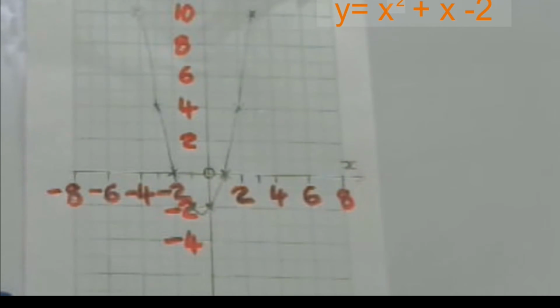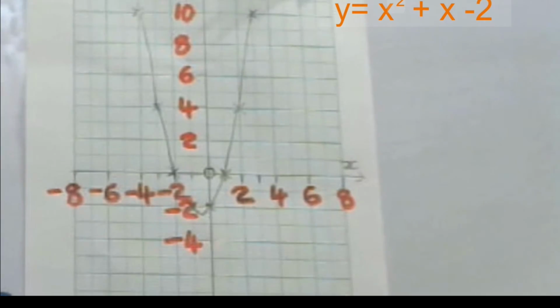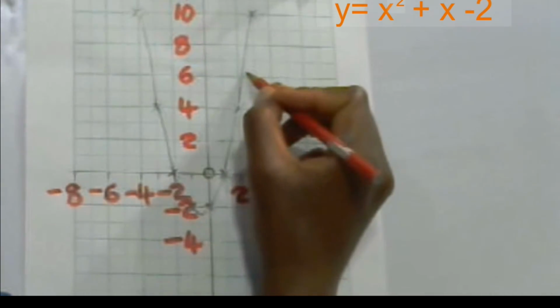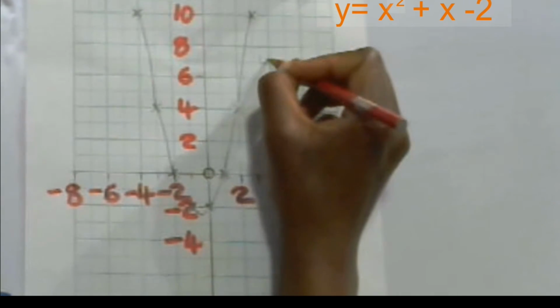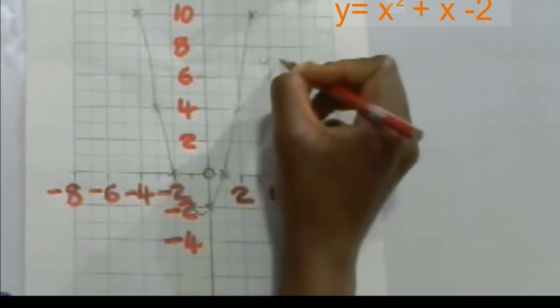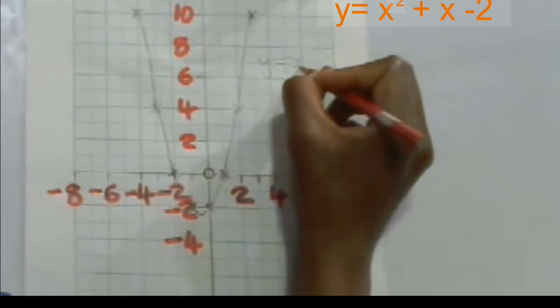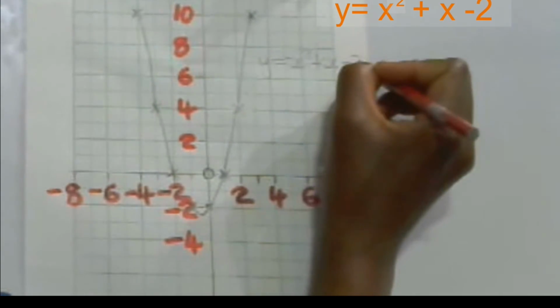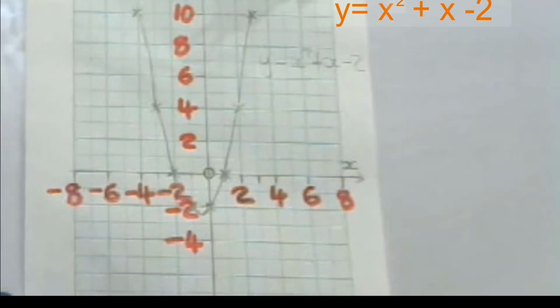So there is our graph, the graph of y. So this is the graph y is equal to x squared plus x minus 2. So that is our graph.